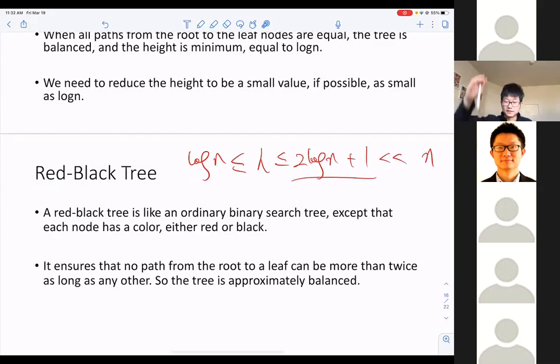So you can see that in the worst case, the red-black tree has a very low height compared with the binary search tree. This is the upper bound of the height given by the binary search tree, whereas this is the upper bound of the height given by the red-black tree. This is the advantage of the red-black tree: in the worst case, it guarantees that you can get a very good performance.